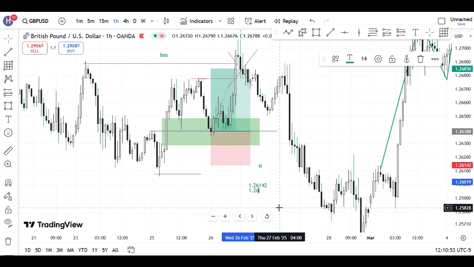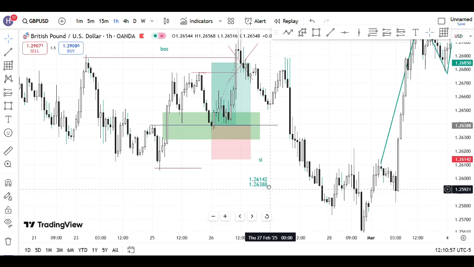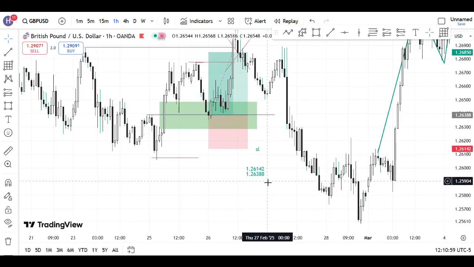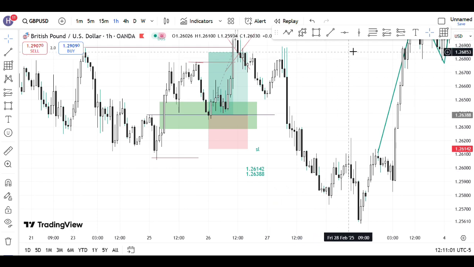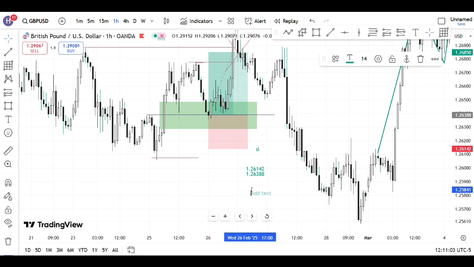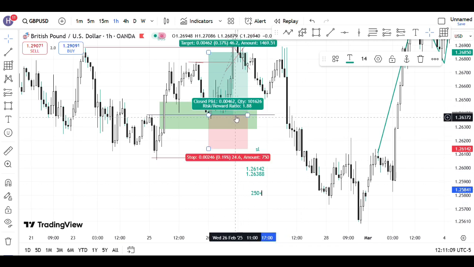This is our entry, 1.26388. So if we get the difference, how much is this? It's more than 250 pips, right? It's more than 250.